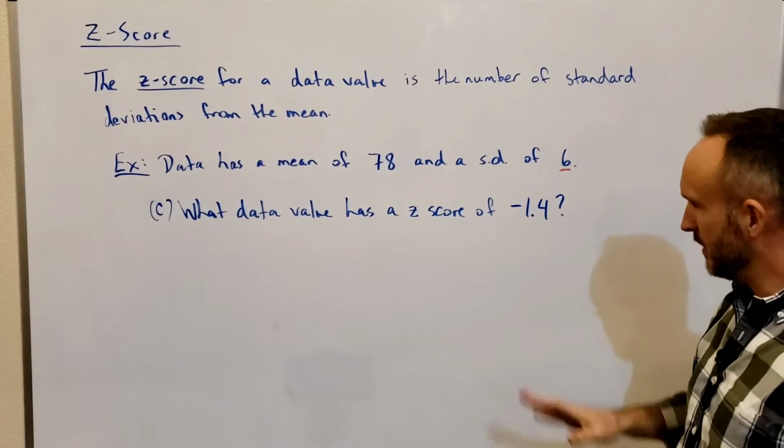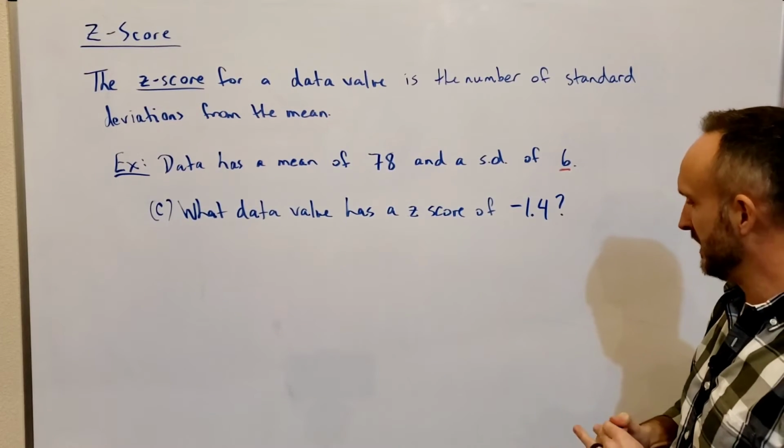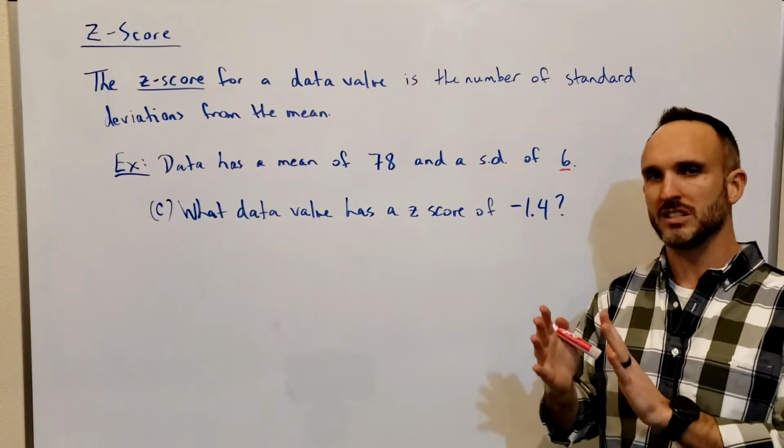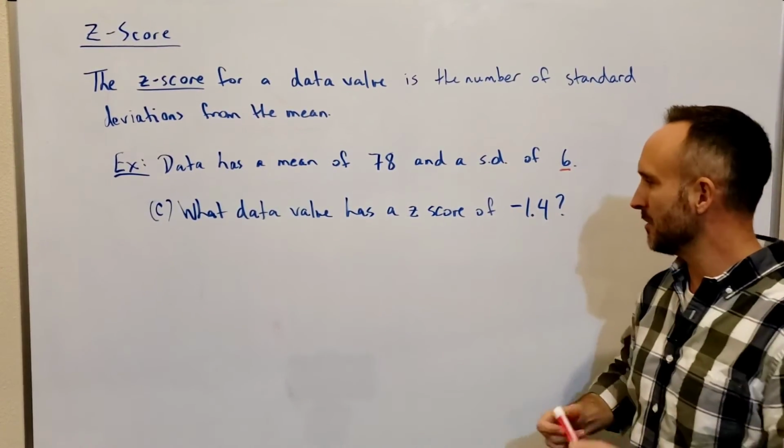Okay? So this is more realistic, dealing with decimal z-scores, but the idea is exactly the same. So if you got the basic whole number z-score idea, use the same concept here.